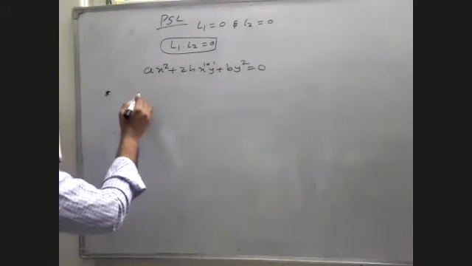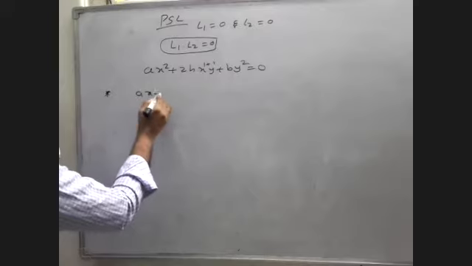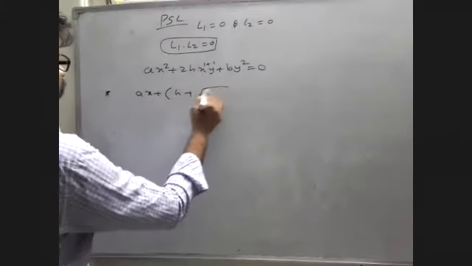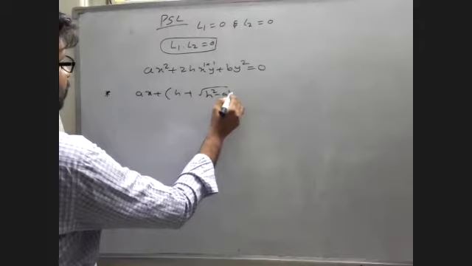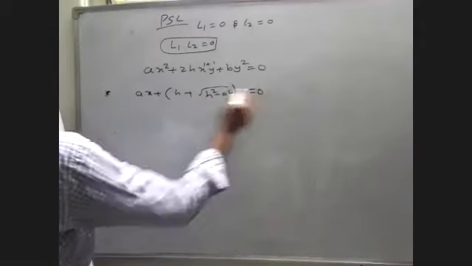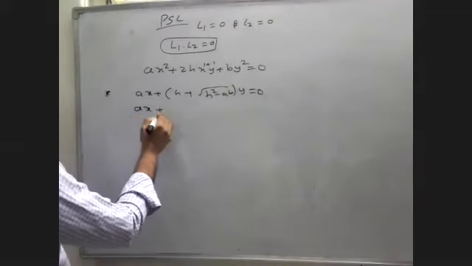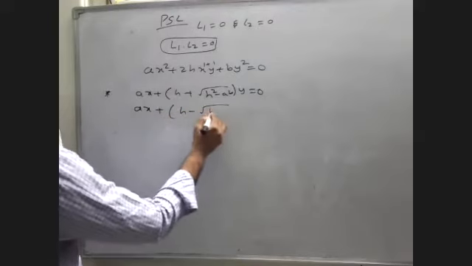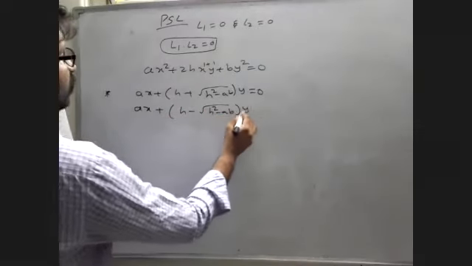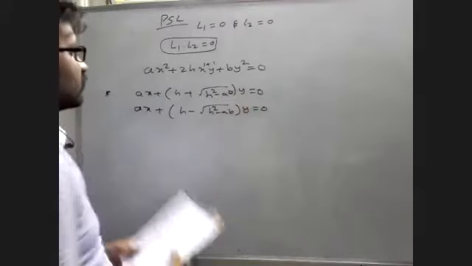This represents two separate lines: ax plus h plus root over h square minus ab into y equal to 0, and ax plus h minus root over h square minus ab into y equal to 0. These two are the separate lines.